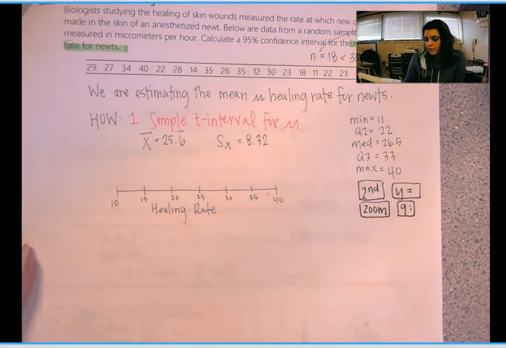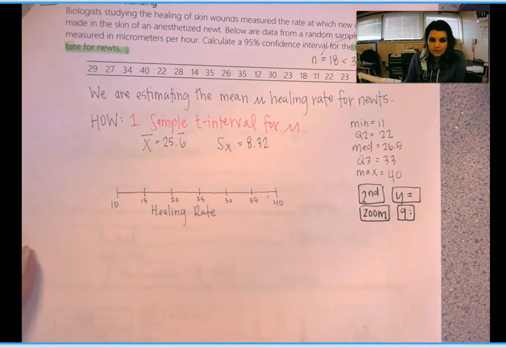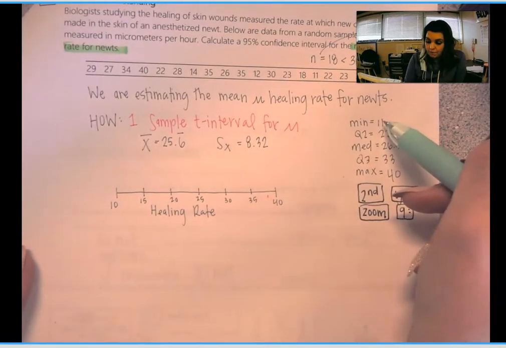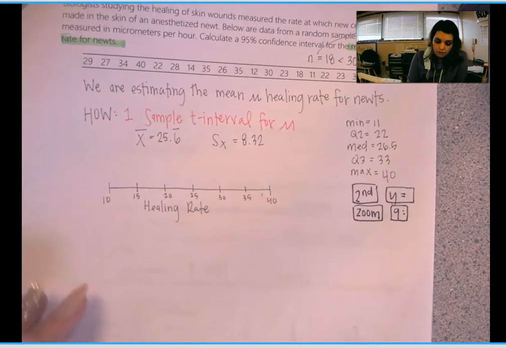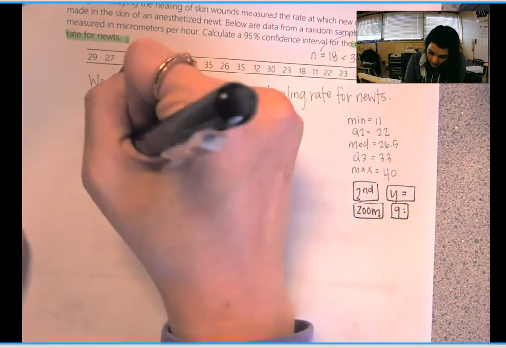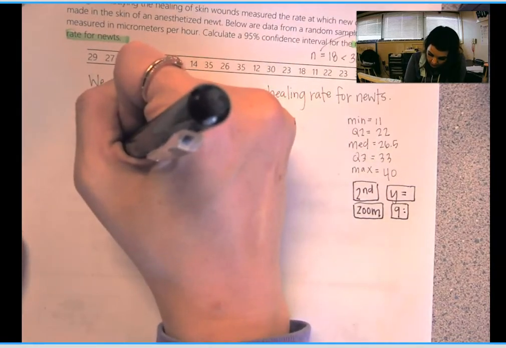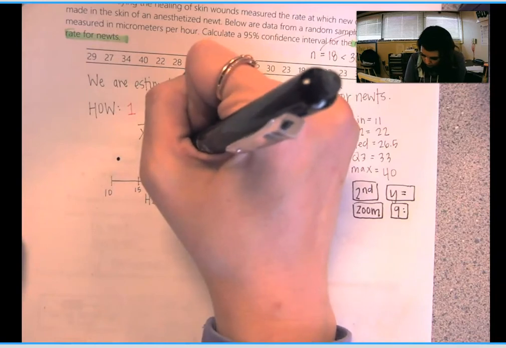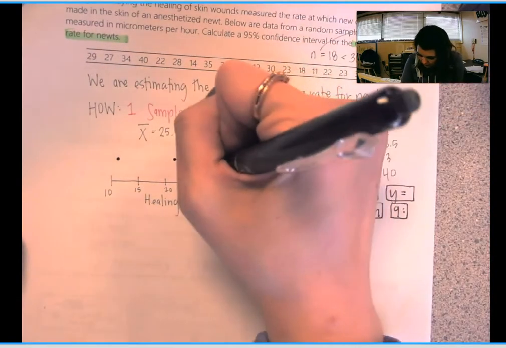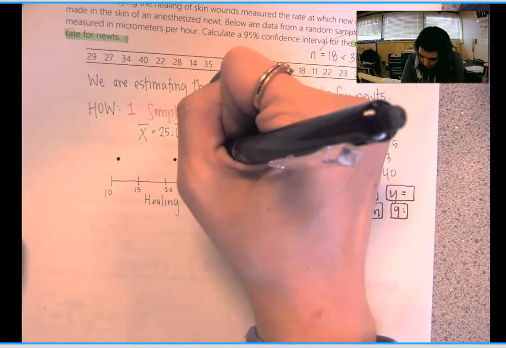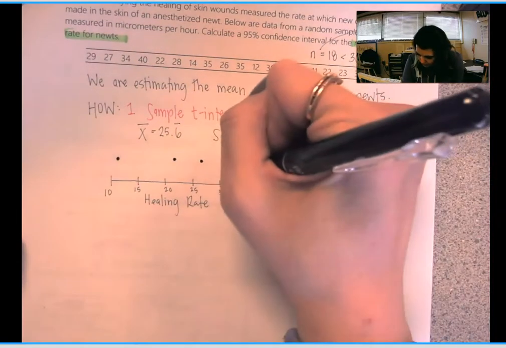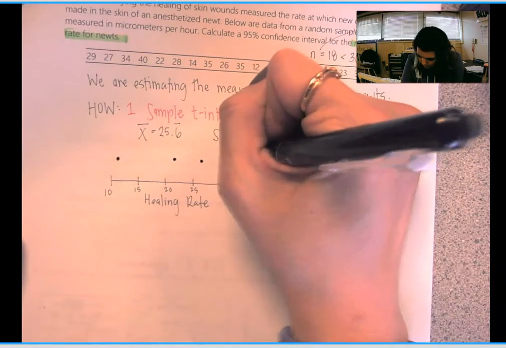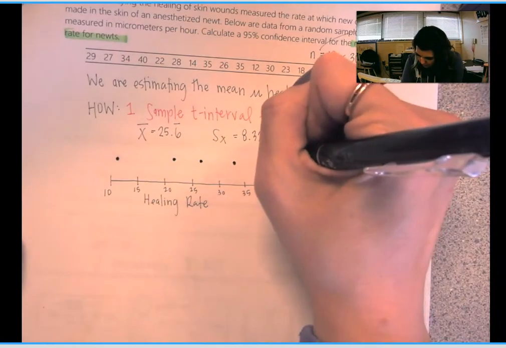Ooh, that worked out nicely for me. And then I'm going to graph my 5-number summary. So I put a point at where 11 is. 22. It doesn't have to be perfect, it just has to be close. 26.5, 33, 40.